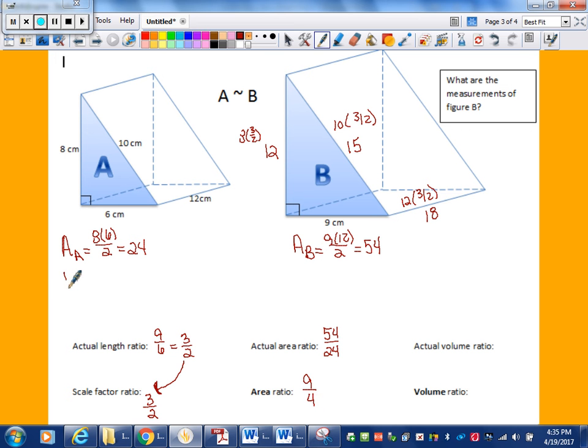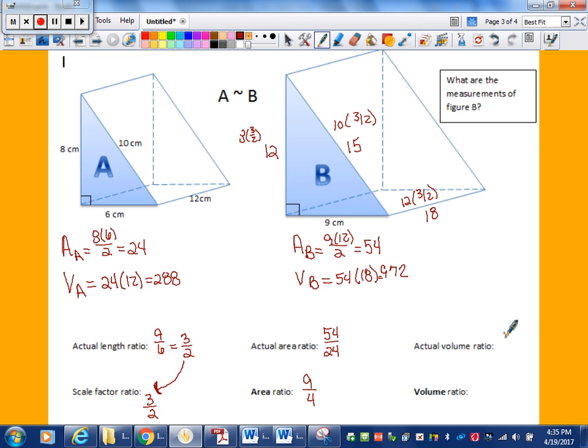Now let's talk volume. To find the volume of the prism A, I do area of the base, 24, times height of my prism, 12, which is 288. Then I'd calculate the volume of the prism B, which would be 54 times 18, which is 972.